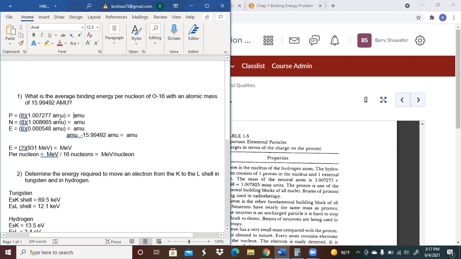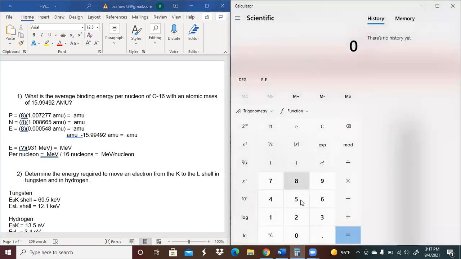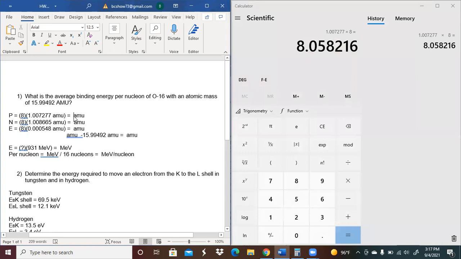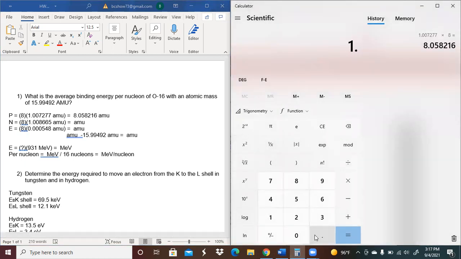So if we go through here and do the multiplication, what do we find out? Well, let's see, 1.007277 times 8 comes up with 8.058216. Clearing that out, 1.008665 times 8.